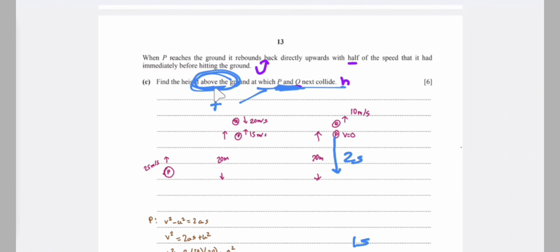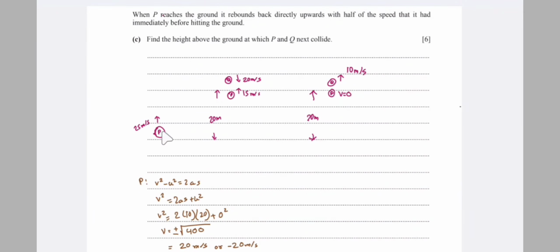Now again, if we just recall, initially P is moving upward at 25 meter per second, then at 20 meter height, P collides with Q. So P at this time has a speed of 15 meter per second and Q has a speed of 20 meter per second.